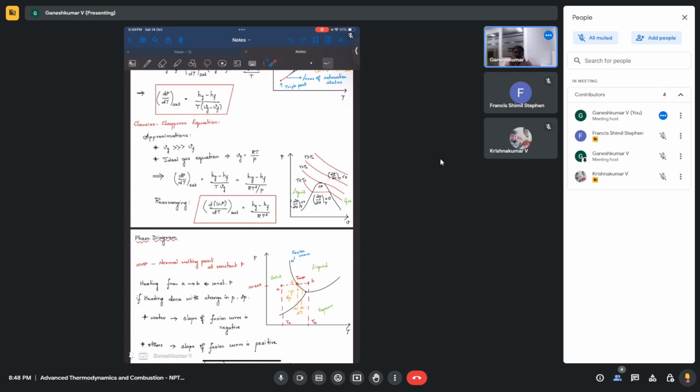So let's say if I have VF and let's say if I have XF, then maybe you can say quality is a property. What do you think? Property has to be something which should fix the coordinates of the system, right?